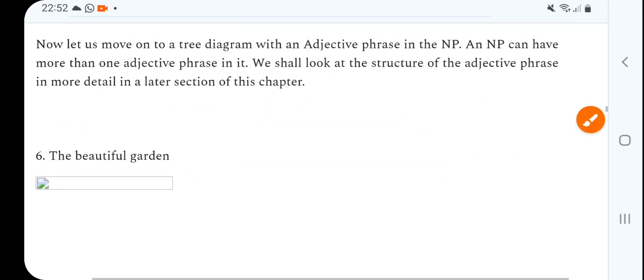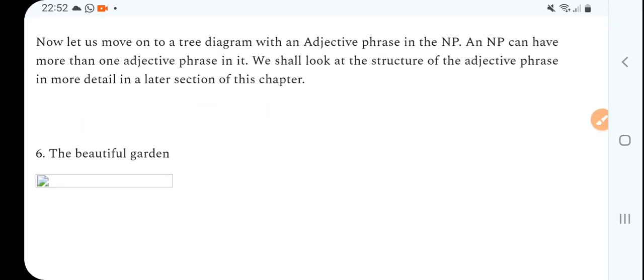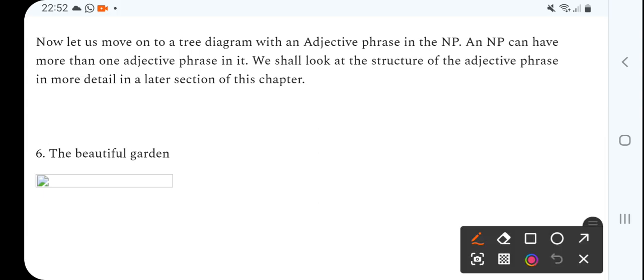So this is a tree diagram with an adjective phrase in the noun phrase, meaning noun phrase and adjective phrase.